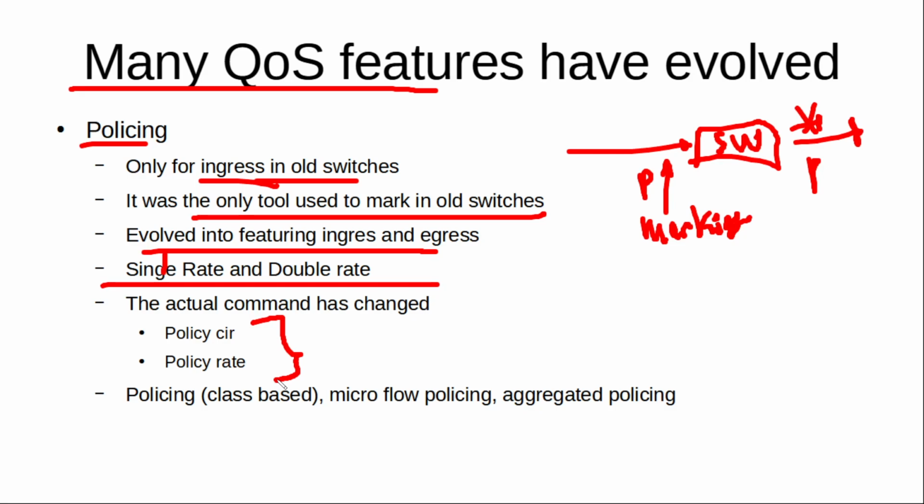These are commands left behind by old technologies that still exist in current operating systems. And for policing, we had the classic policing and class-based policing, which is what we usually use. But Cisco also has microflow policing in some switches, and aggregate policing.